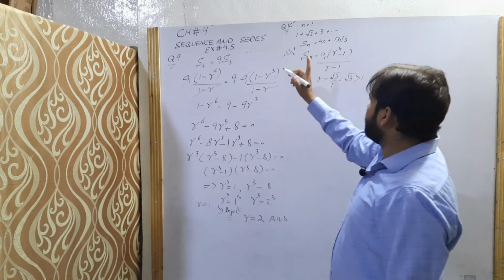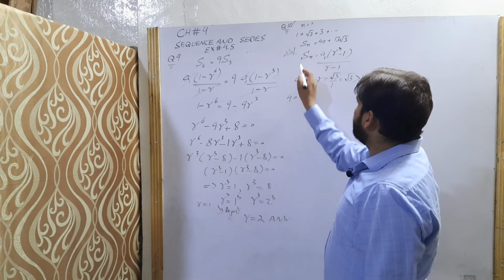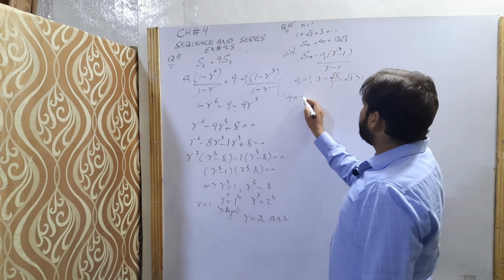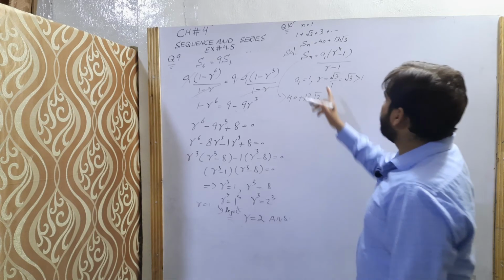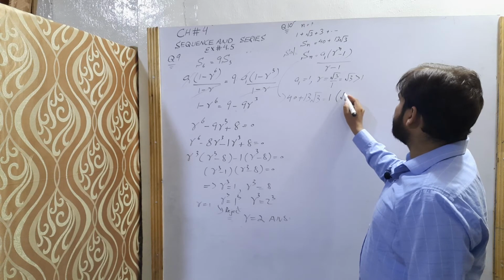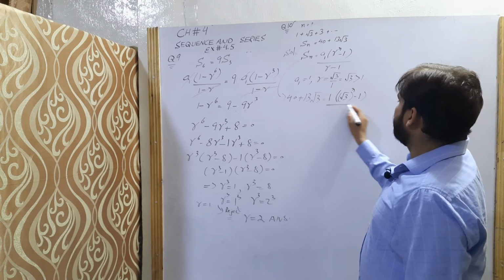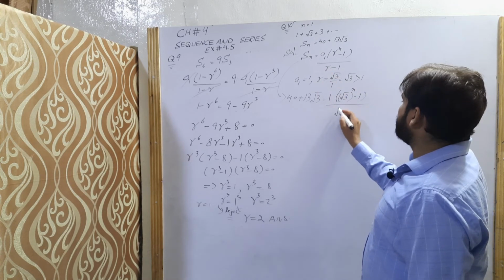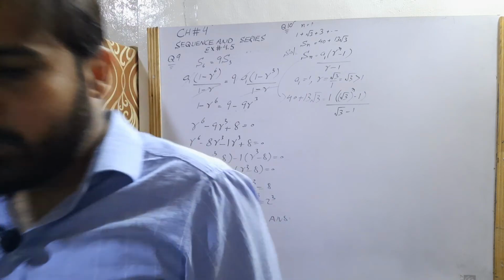Simply putting the values in this formula, Sn, which is 40 plus 13 times under root 3, is equal to A1, which is 1, times (under root 3 whole raised to power n minus 1) divided by (under root 3 minus 1). So simplify and get the value of n.